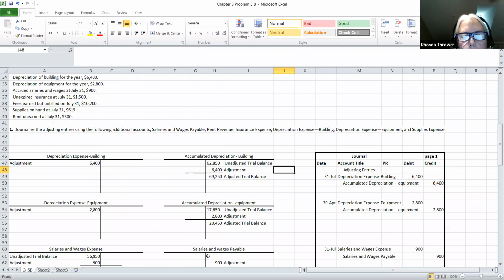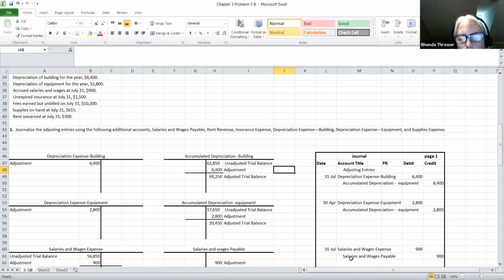The salary and wages payable did not have an unadjusted trial balance to work with. But we know because our employees have worked for us, but we haven't paid them the $900 yet, we owe them $900. So my adjusting entry is a debit to salary and wages expense and a credit to salary and wages payable.